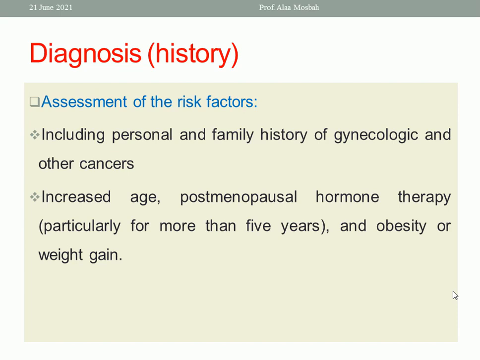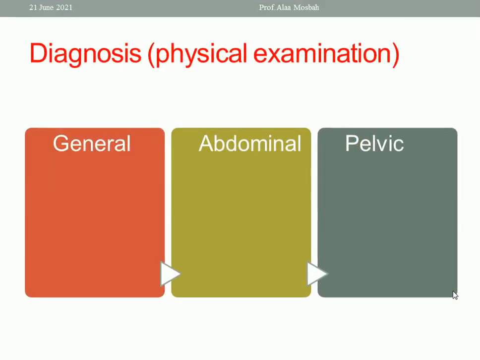Also, the age of the patient is important, and we know that the commonest tumor, which is epithelial, occurs more in advanced age, above 60. Postmenopausal hormone therapy is a risk factor, so we should ask about any hormone therapy in postmenopausal women. Also, obesity and weight gain is considered another risk factor.